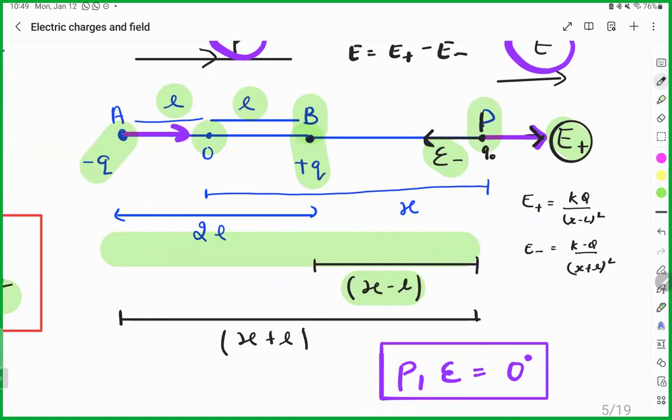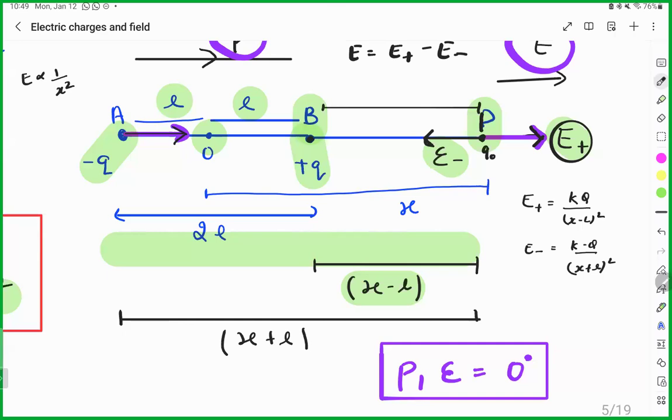Negative to positive, A to B, as you can see in this arrow. A to B. If you see, the charge is the same, from positive to P the distance is less, and electric field is inversely proportional to the distance. So if you decrease distance, electric field will be more.